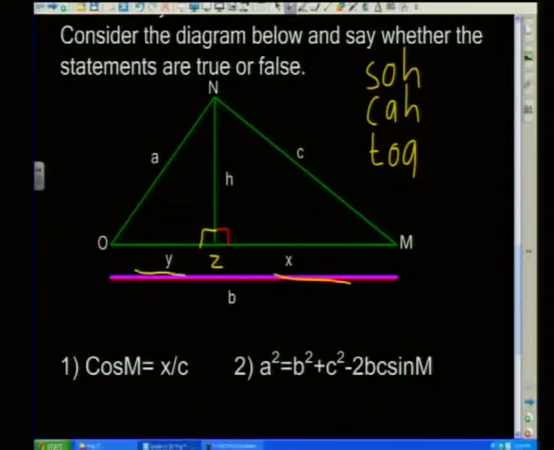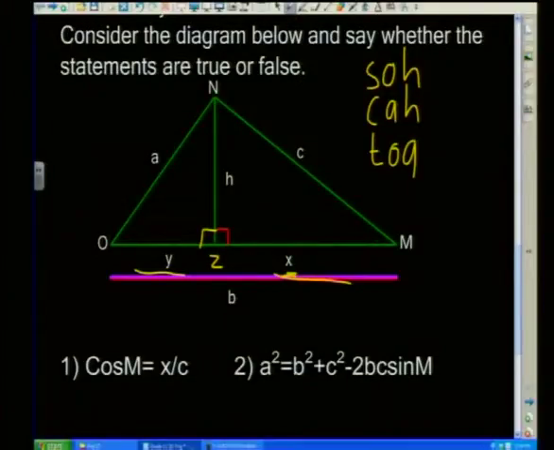The reason for that is because we're actually working in 3 different triangles. So in the big triangle NOM, we're going to refer to OM as side b, and then in the little triangle NOZ, we've called it y, and in triangle NZM, we've called it x. So we've differentiated that one side into 3 different little pieces.